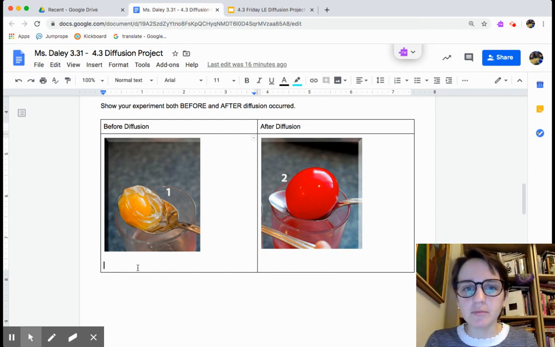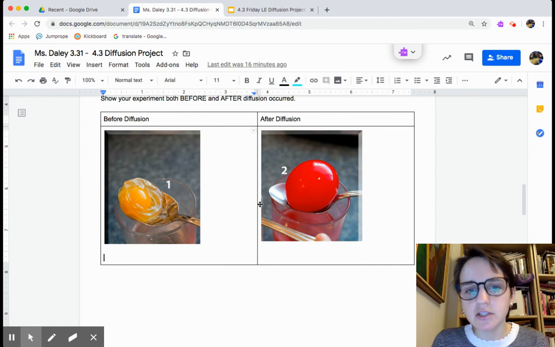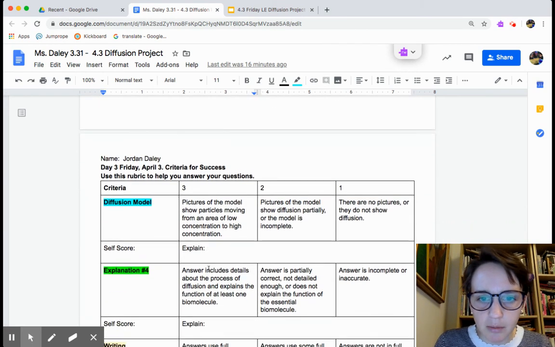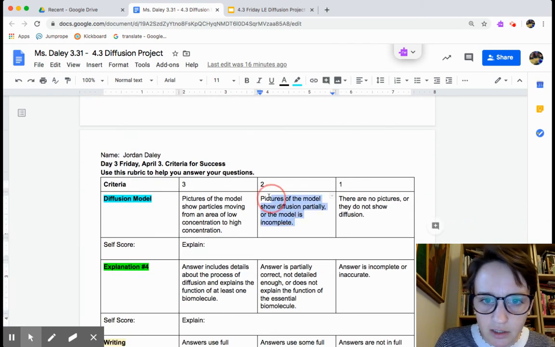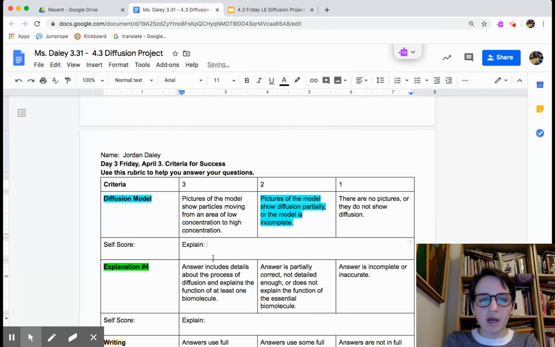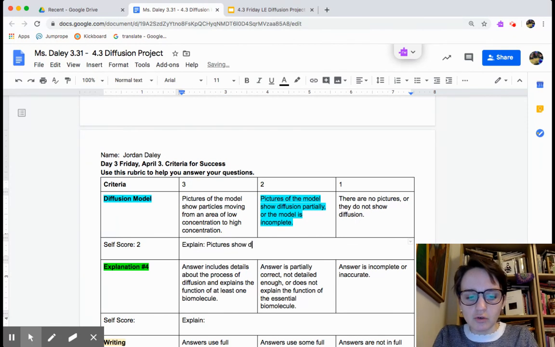So this might be a little vague. What I'm thinking right now is that it does show diffusion, but if a teacher saw this, they might not be entirely certain. So I'm going to go ahead down to my model. I'm going to say, okay, I think right now I'm at a 2. And the reason for that, my self-score is going to be a 2. I'm going to explain. Pictures show diffusion, but might be a little vague.